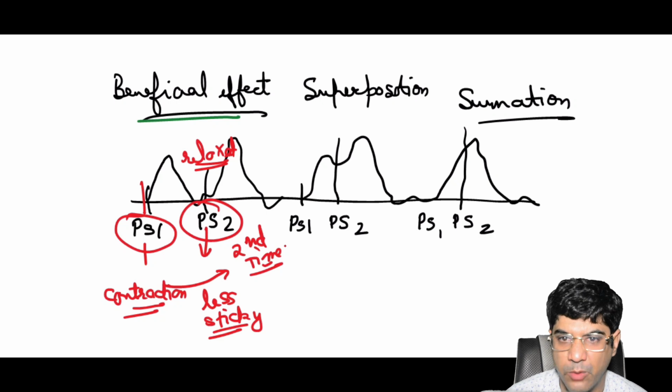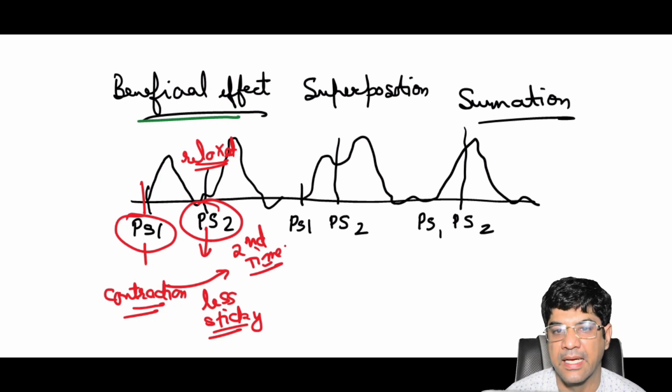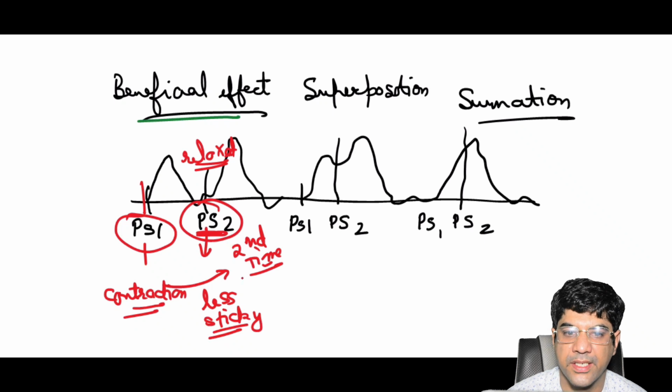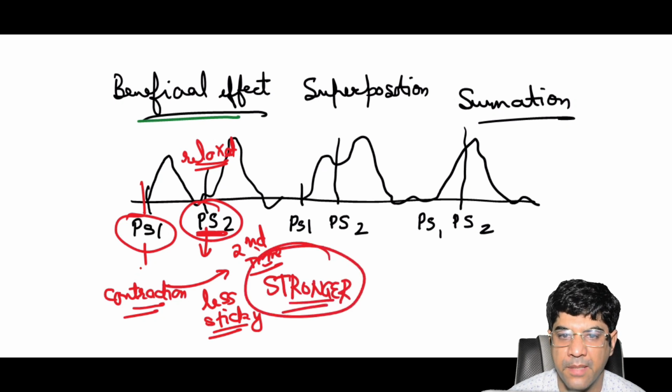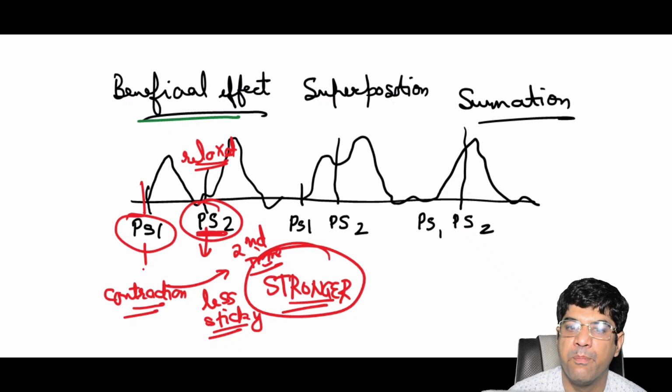So with the first stimulus, the muscle contracts and then relaxes, and when the second stimulus comes right after, the muscle has relaxed, so the second contraction is stronger. The first contraction warms up the muscle, reducing its stickiness, making it easier and more powerful for the muscle to contract again.